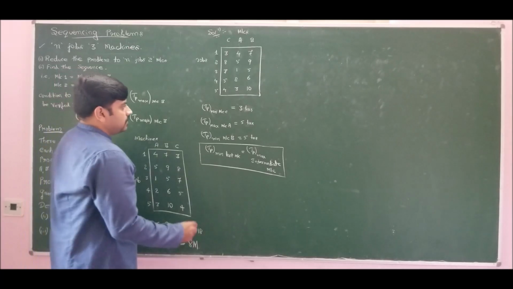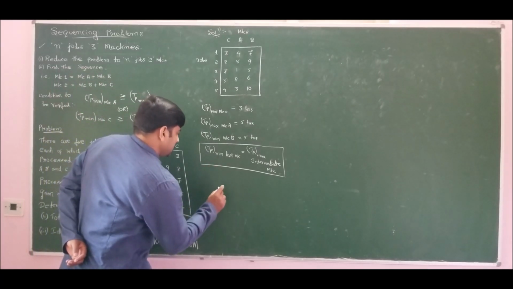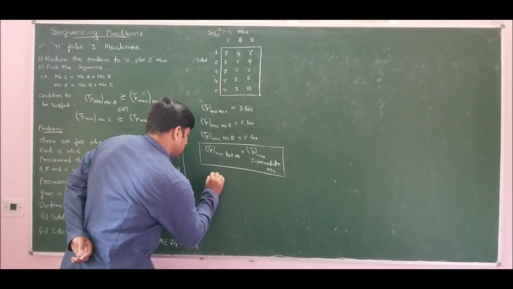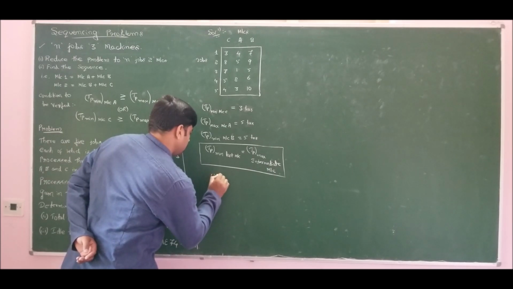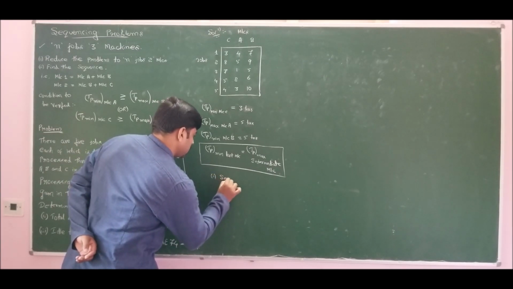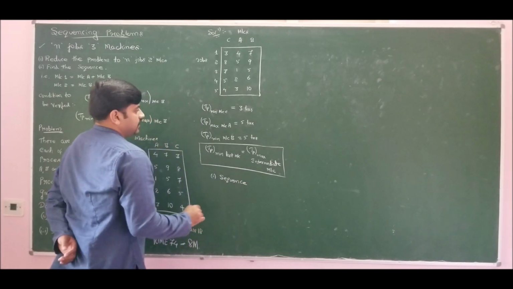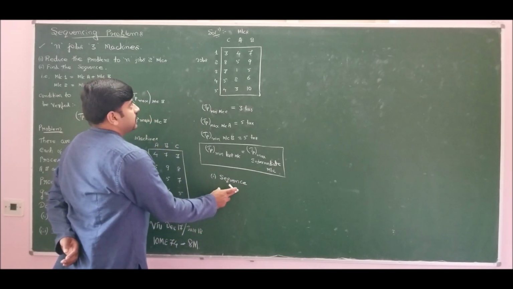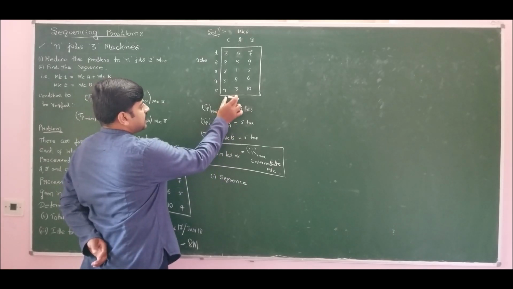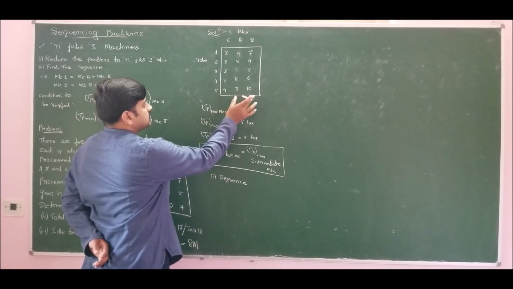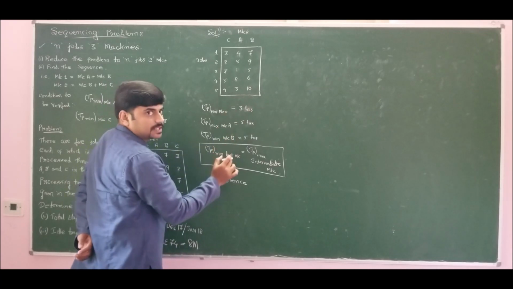Now to solve this problem, I want to find the sequence first. Moving on to the second step, after verifying the condition, I want to find the sequence. To find it, I should create machine 1 as the sum of the first and second machine, and machine 2 as the sum of the second and third machine.